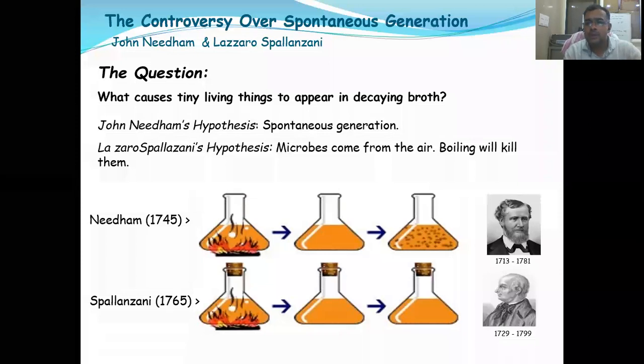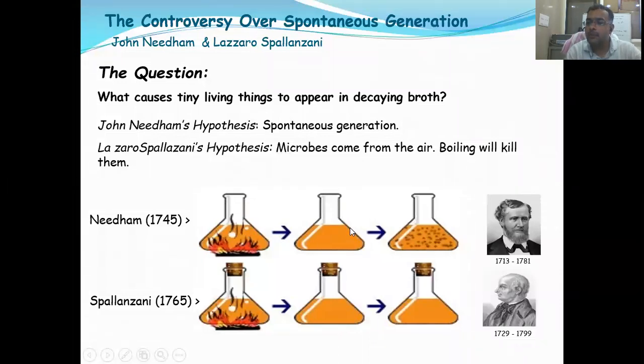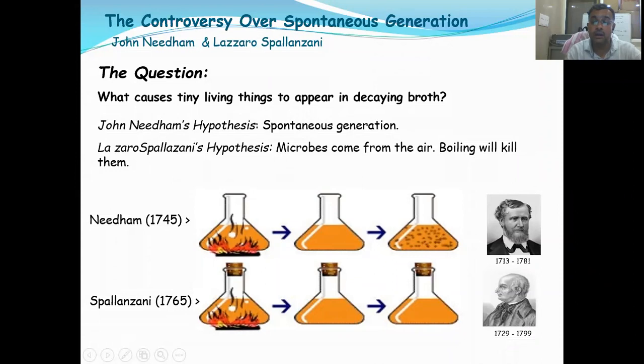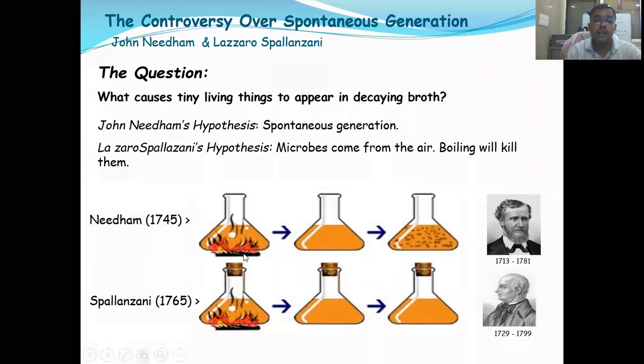The only difference between the experiments is this: Needham boiled the broth, kept it uncovered, and observed the growth of bacteria. So he said that even though he had killed everything, organisms still got produced, so something non-living was responsible for spoiling the broth.